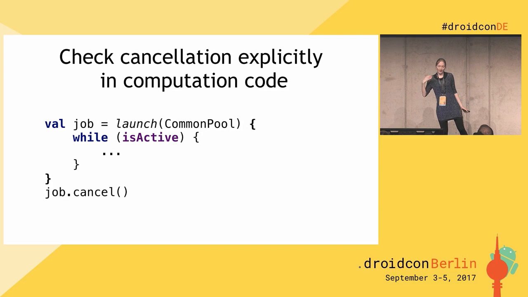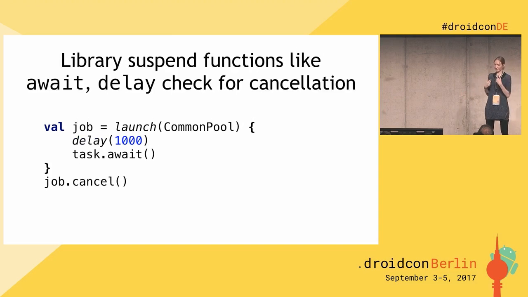Cancellation works similarly to threads. When you have a thread and you want it to be cancelable, you have to check explicitly whether it was cancelled or not. And the same approach works with coroutines. So you just check whether it is active or was cancelled. Library functions like await, for instance, check for cancellation explicitly.